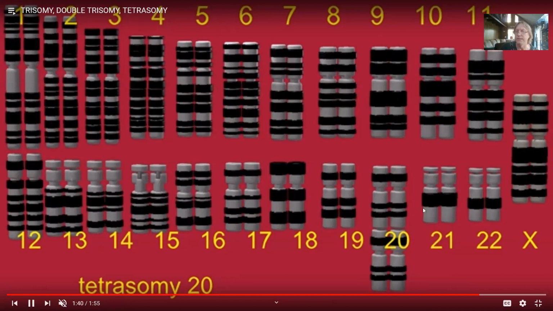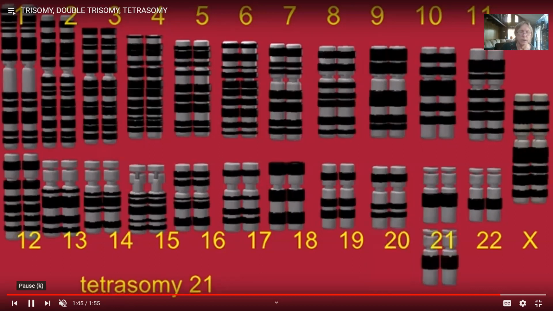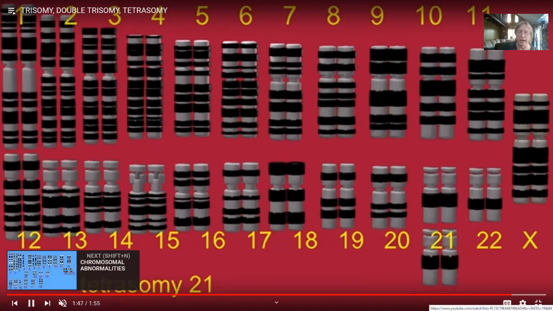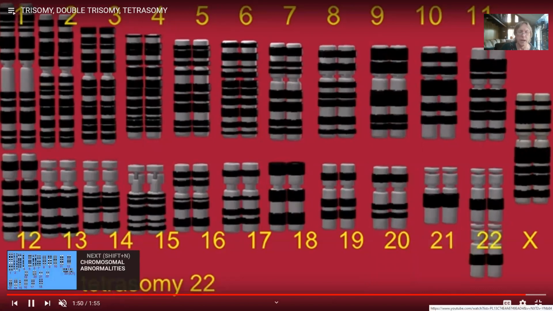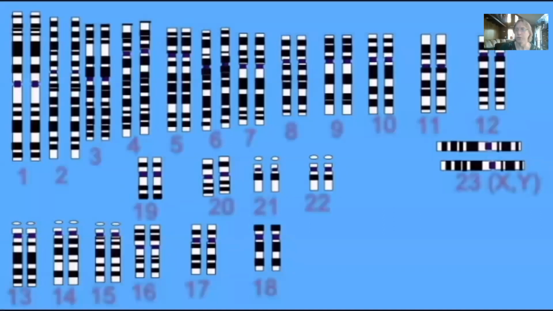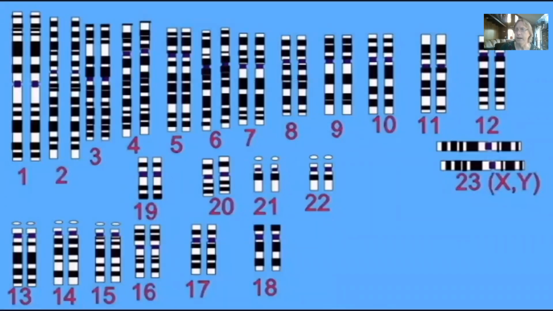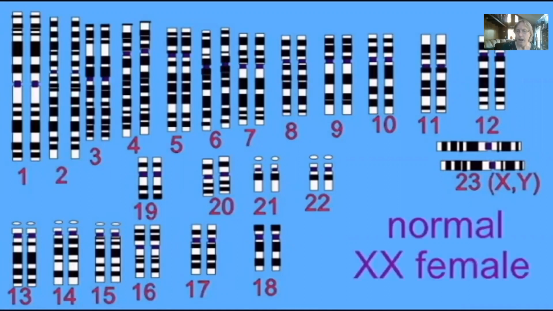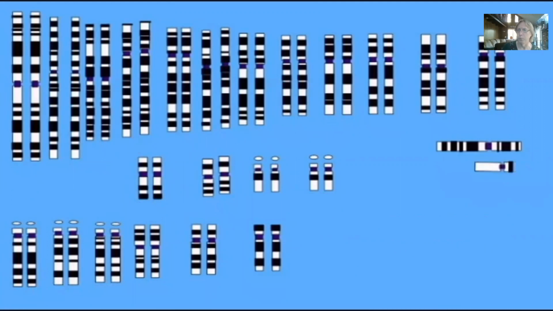And so here you can see a tetrasomy 21 with too many copies of chromosome 21, or a tetrasomy 22. So for reasons which I'll be discussing, all of these are abnormalities which can affect phenotype and thus be a concern in a patient. Also, as I'll discuss presently, while it could affect an entire person, it could also then affect just cells in a particular region, or be involved in cancer cells.